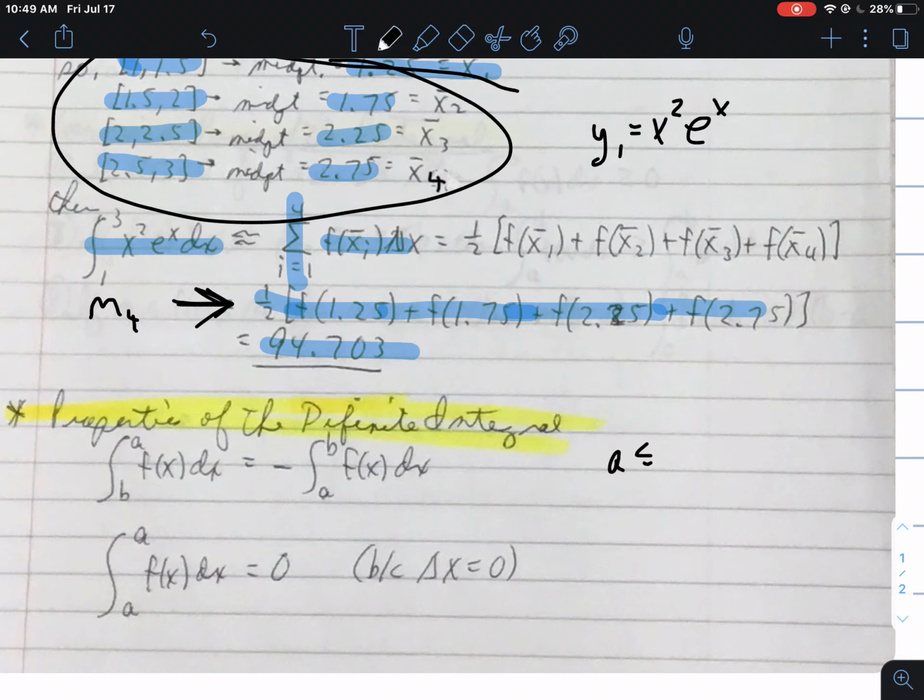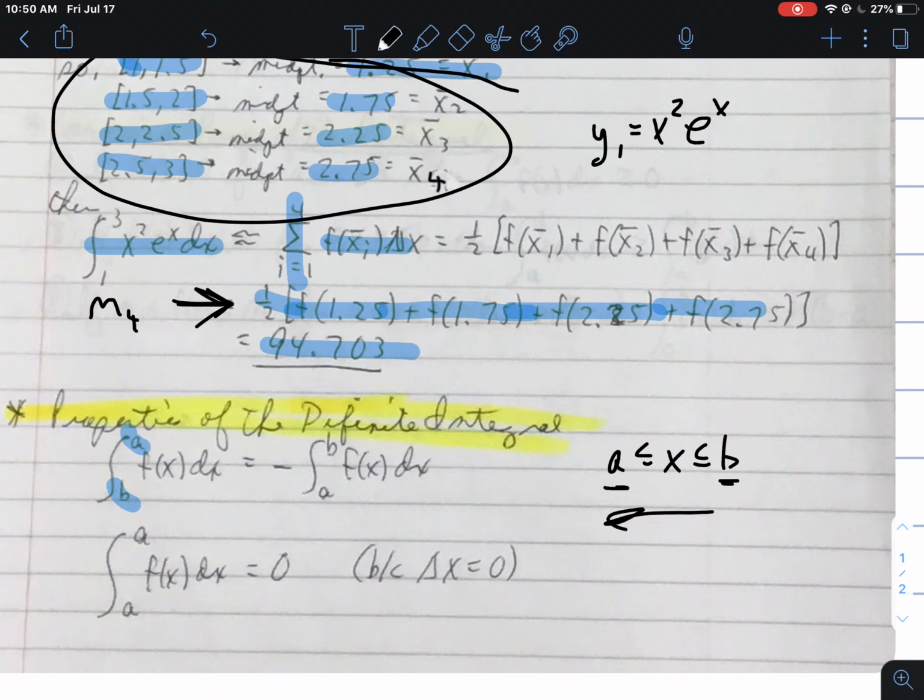We said that x goes from A to B, okay? So A is by default smaller than B. It's your left endpoint. So here what we're doing is we're integrating from the upper or larger value, the right endpoint, to the lower value. So we're actually integrating here from right to left. We're integrating this way.